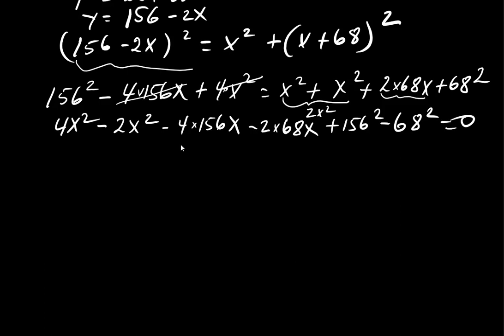Okay, so now we have the common terms. 4x squared minus 2x squared is 2x squared minus, now we need the calculator here, correct?